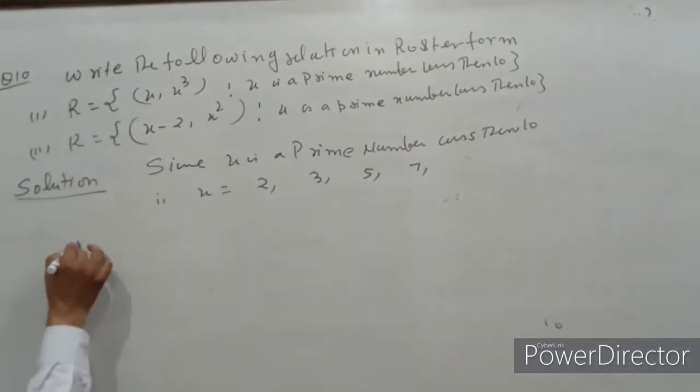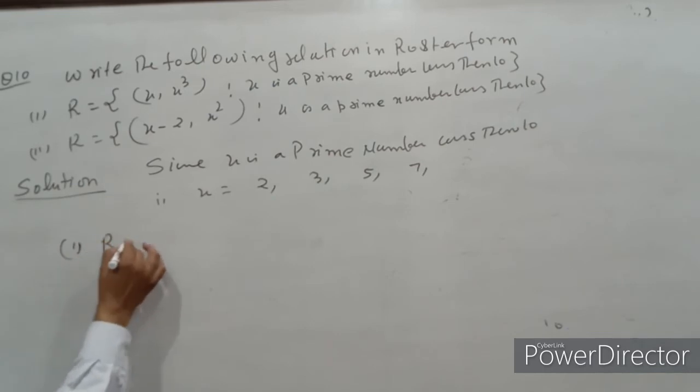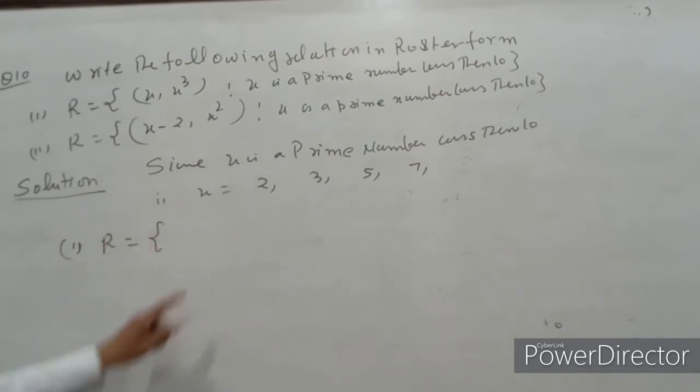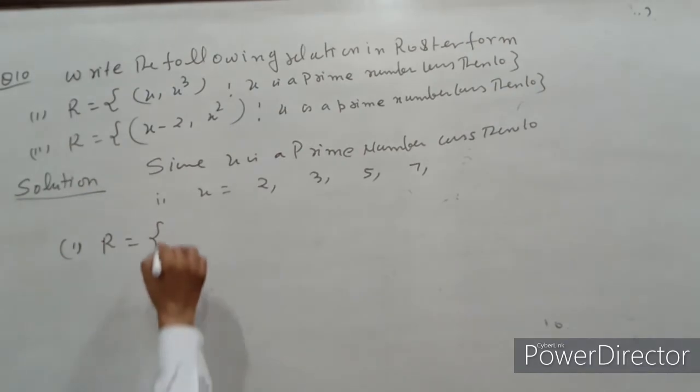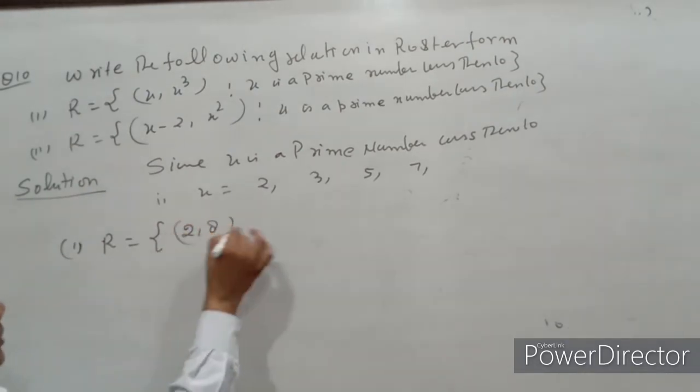So therefore first part अगर हम देखें, the roster form of R, if we put x is equal to 2, so ordered pair 2, 8.